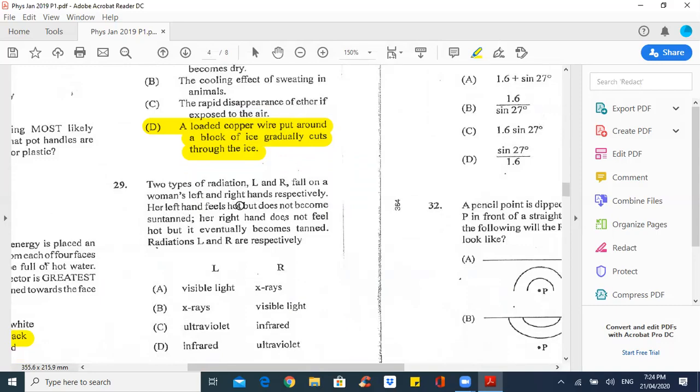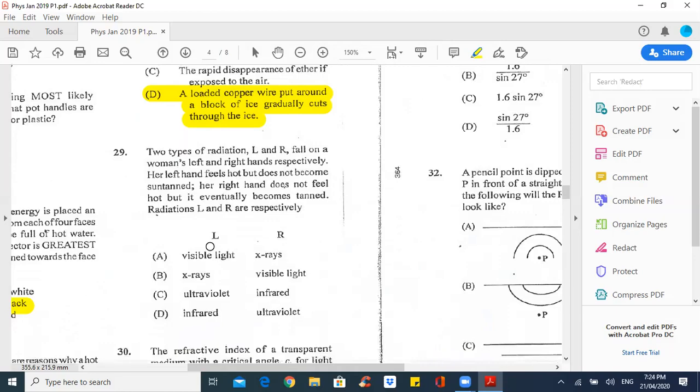Number 29, two types of radiation, L and R, fall on a woman's left and right hands respectively. The left hand feels hot but does not become suntanned. Her right hand does not feel hot, but it eventually becomes tanned. Let me explain. So L is your left hand, it becomes hot and is not suntanned. That's because it has infrared waves.